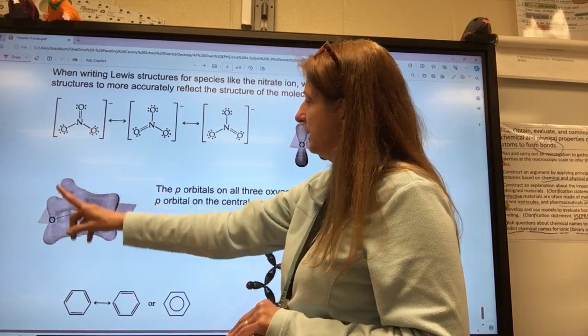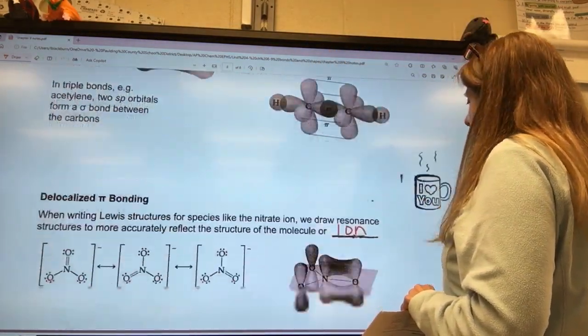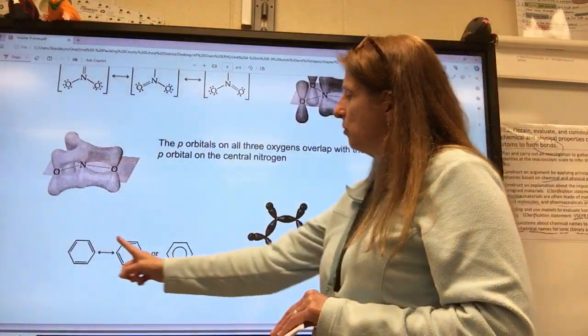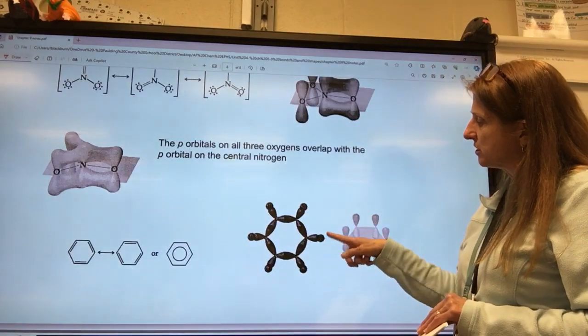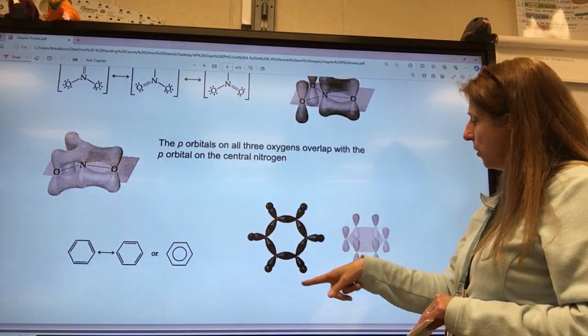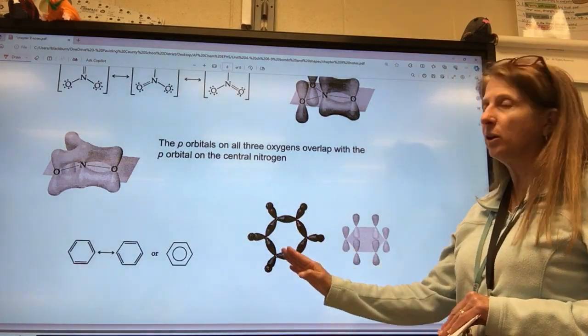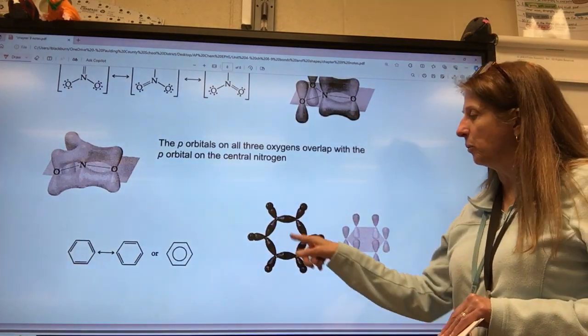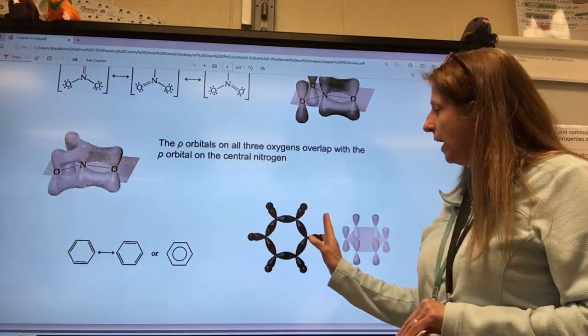See how they're blended together? Also, we talked about resonance with benzene. And so you can draw it like that, you can draw it like that, you can draw it like that. But really it's just these blended orbitals going all the way around. Equally. See how they're equal? It's not flipping from one to the other. It's all smeared out equally and it's symmetrical.